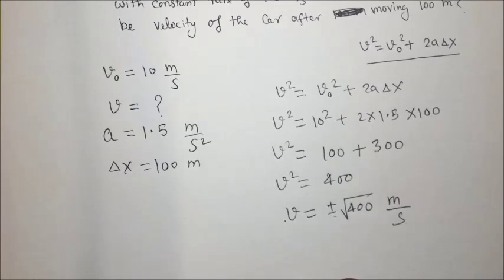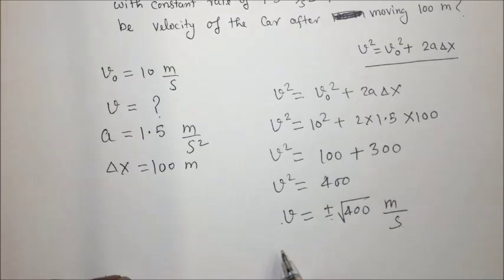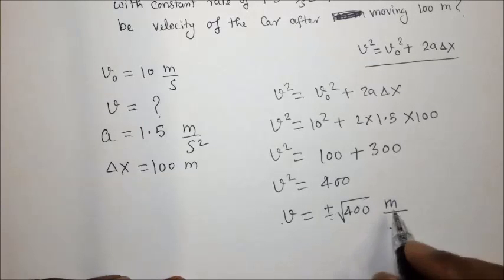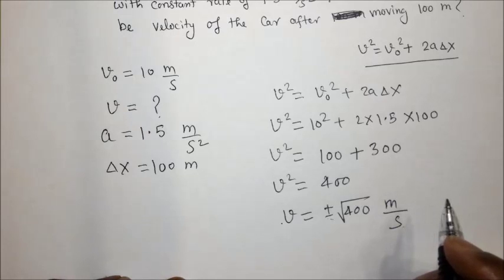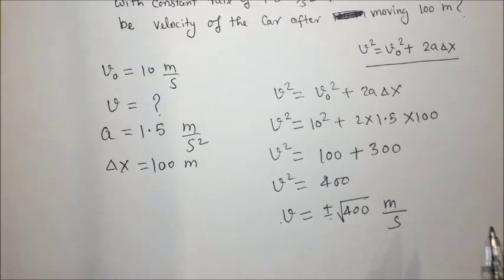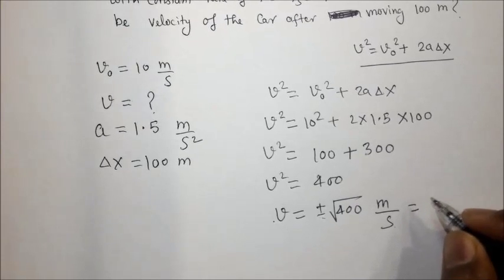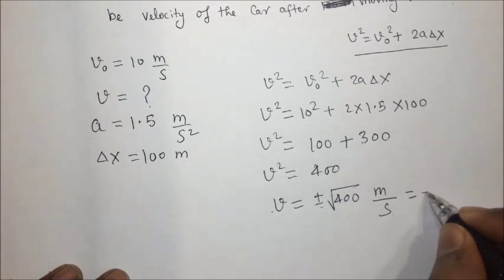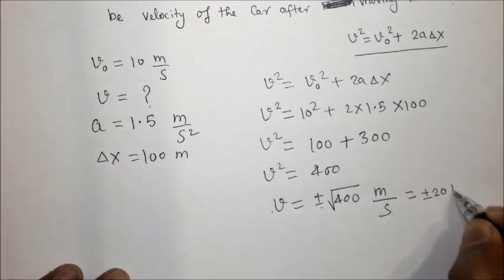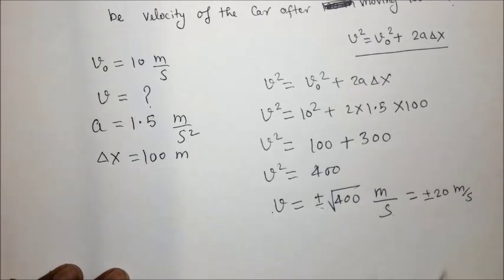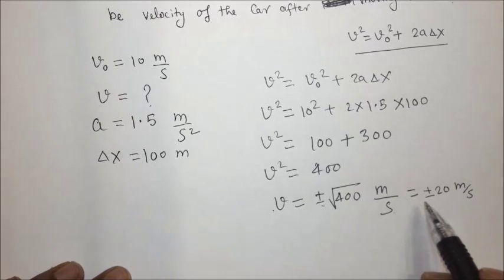So what will happen here? This is plus minus 20 meters per second. There are two possibilities, plus and minus.